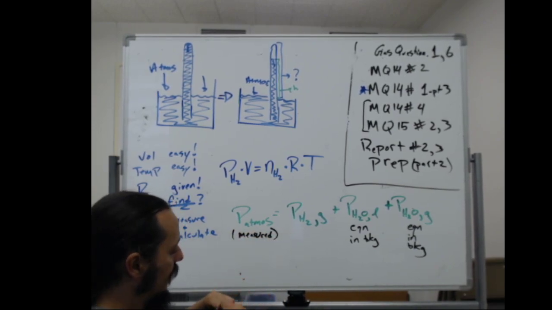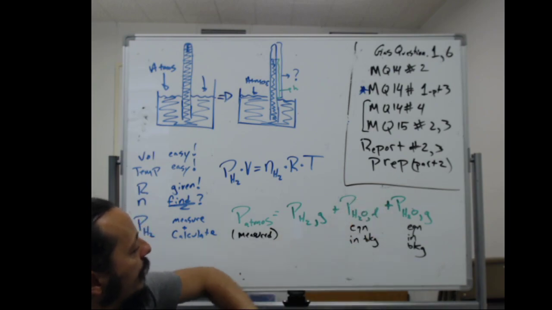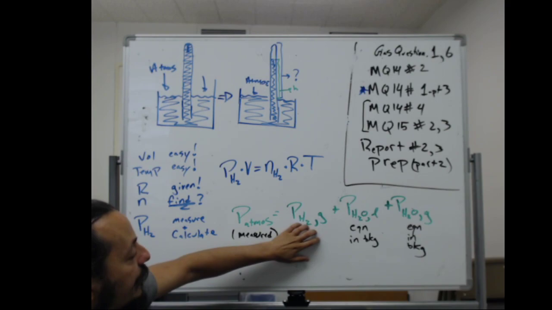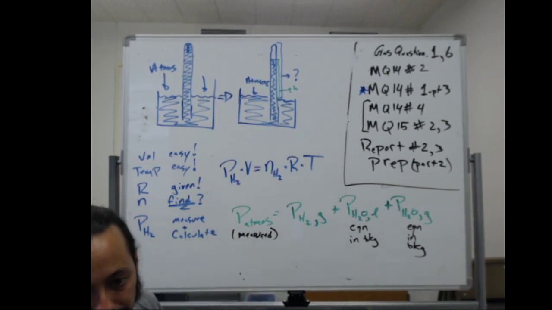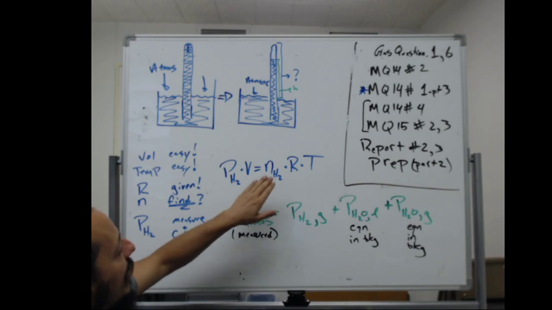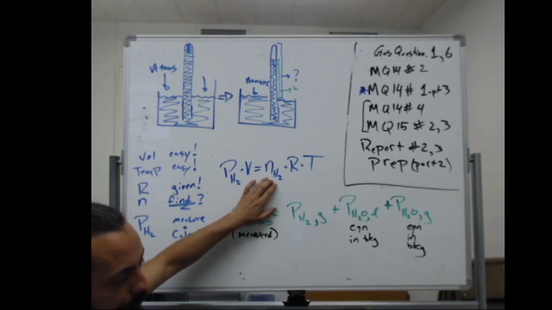We're going to subtract these 2 components from our atmospheric pressure to get our hydrogen gas pressure by itself, and we're just going to plug into the ideal gas law and calculate. And that should give us a way to calculate the number of moles that we experimentally produce.